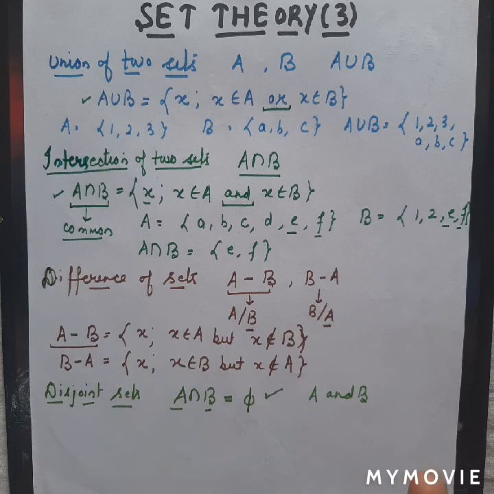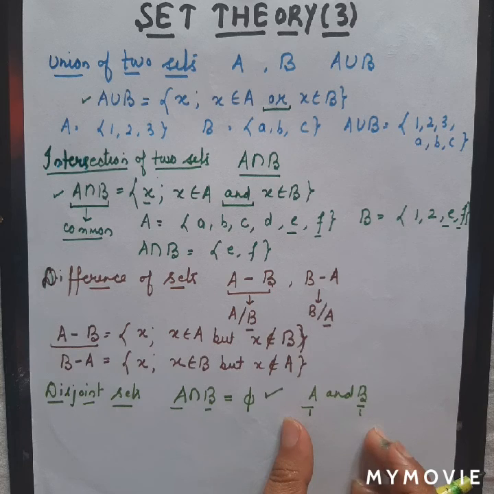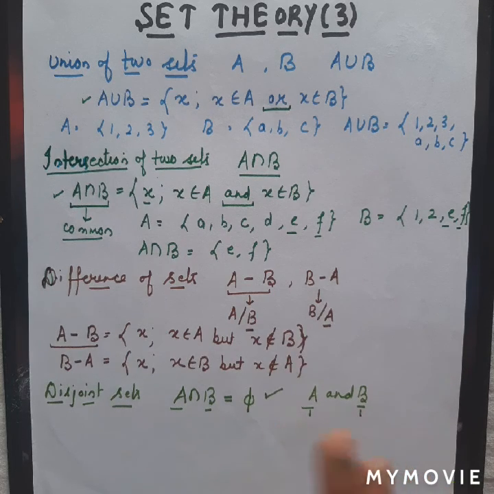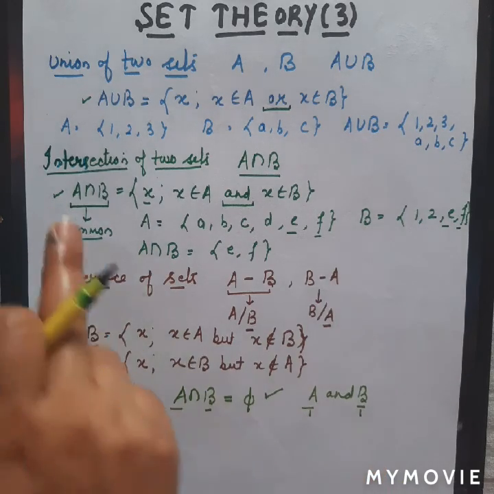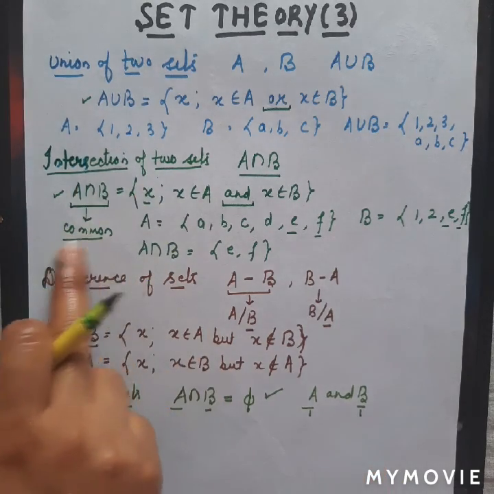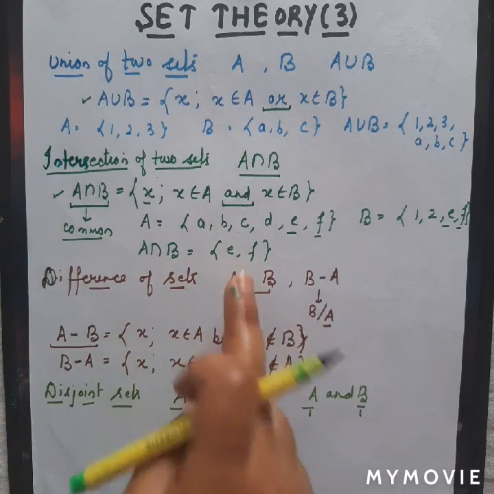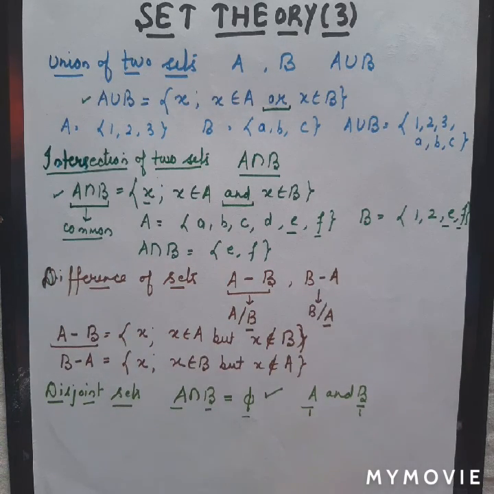In other words, the elements of A and elements of B will have no common element. There is no element which we can say is common. So intersection is equal to phi as per the definition. Intersection means common element, so there is no common element. This is equal to phi, so those sets are called disjoint sets.